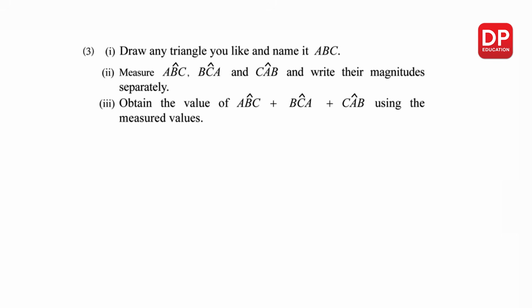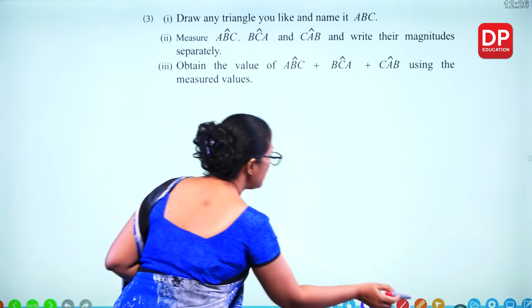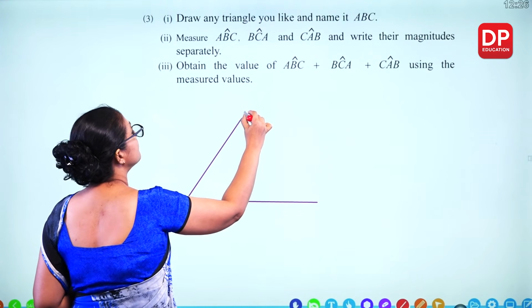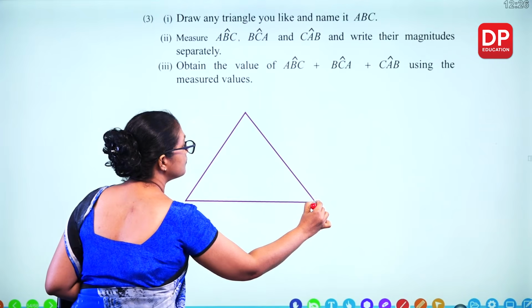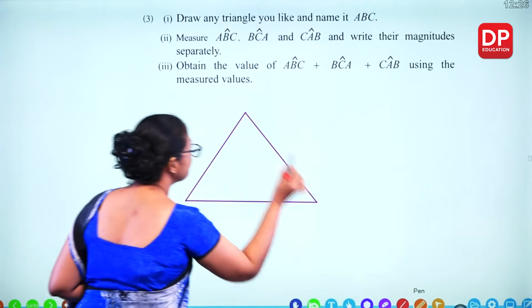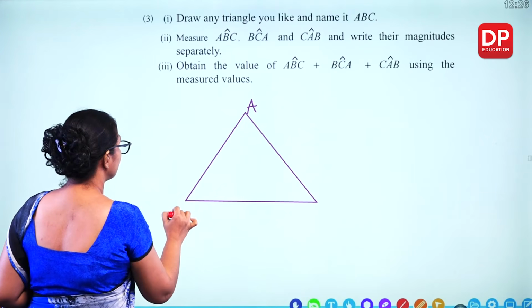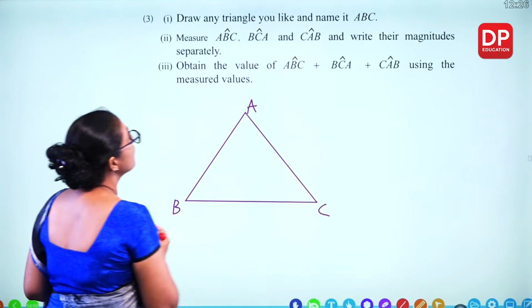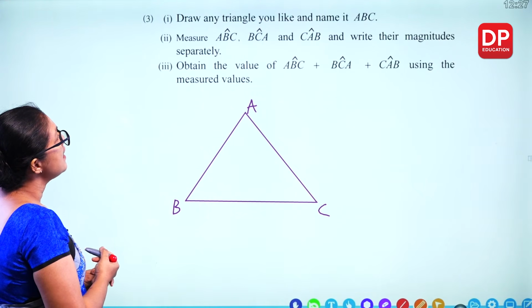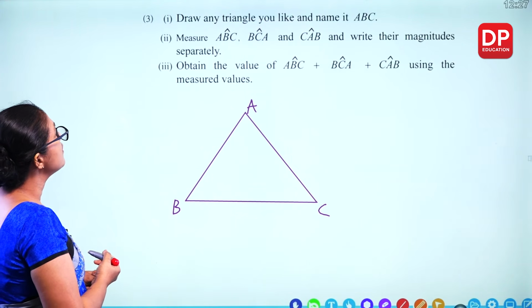Draw any triangle you like and name it ABC. So we can draw any triangle. ABC. Measure ABC angle, BCA angle and CAB and write their magnitudes separately.